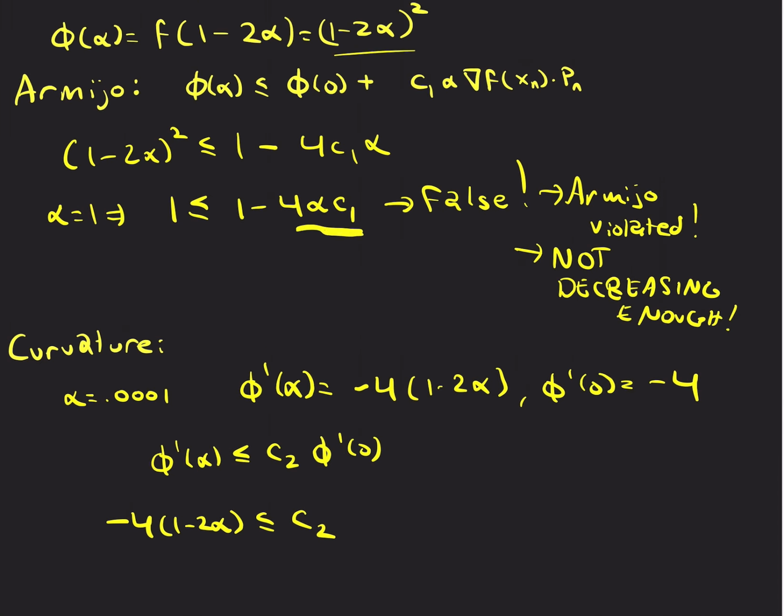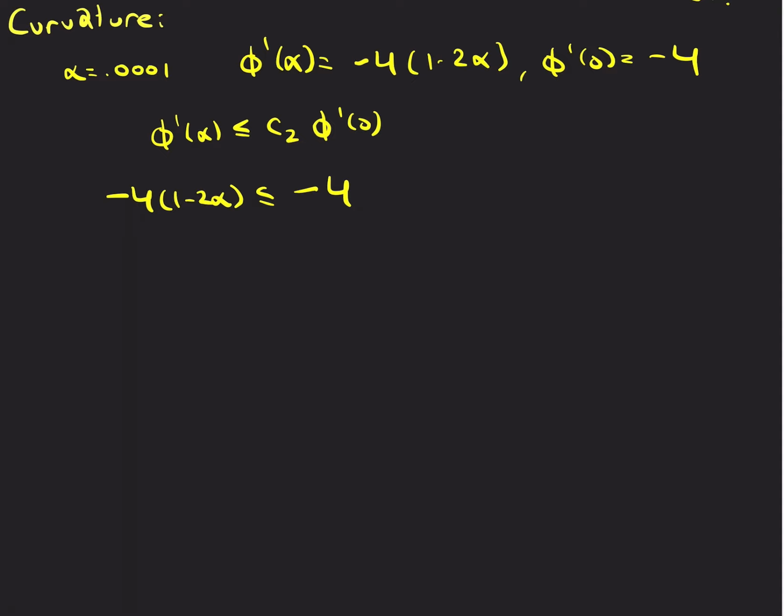Phi prime of 0 is negative 4, so it's negative 4 times C2. Let's divide by negative 4, so the inequality flips: C2 is less than or equal to 1 minus 2 alpha.